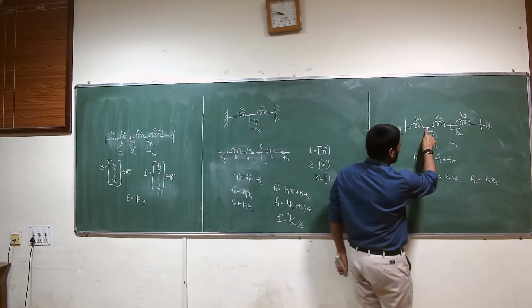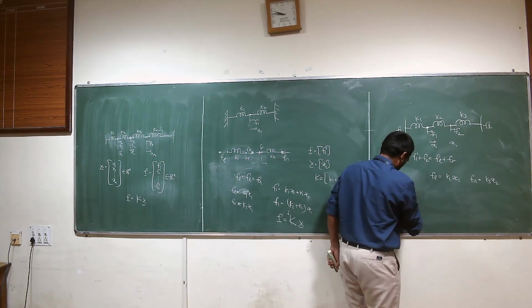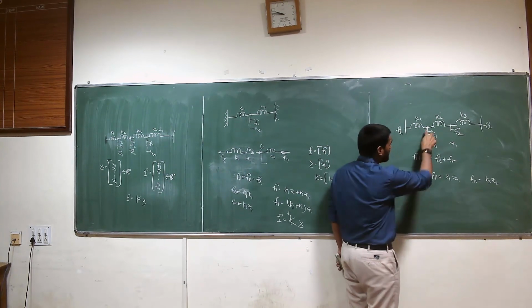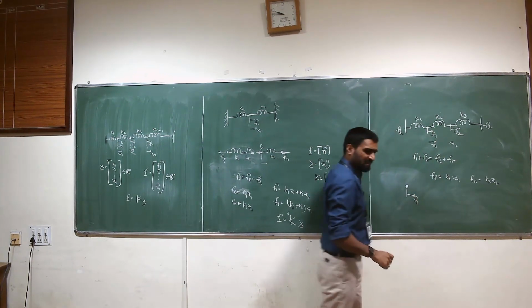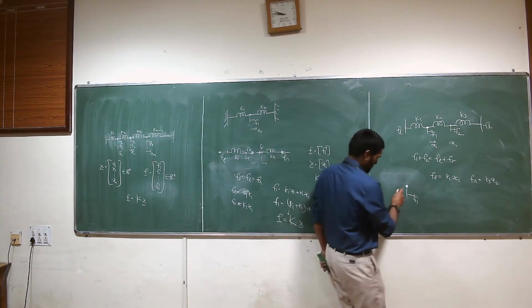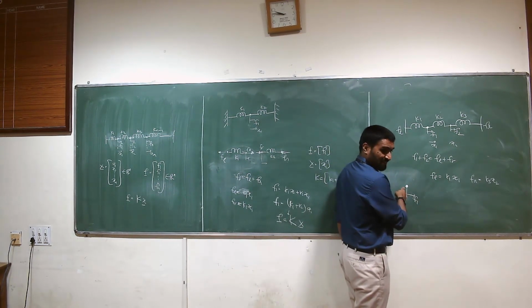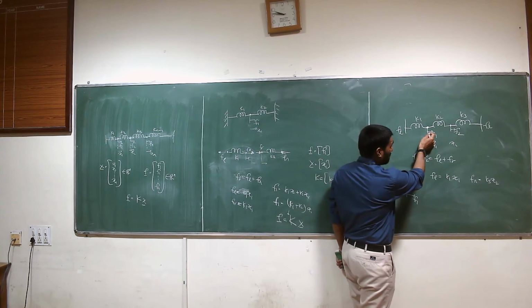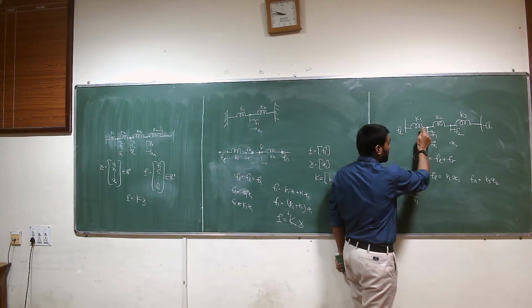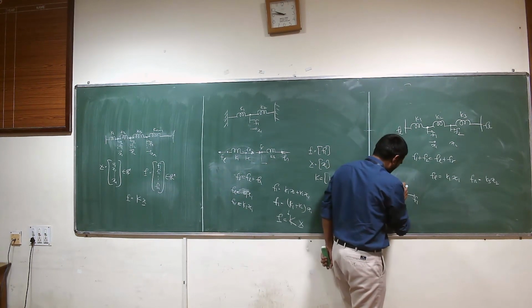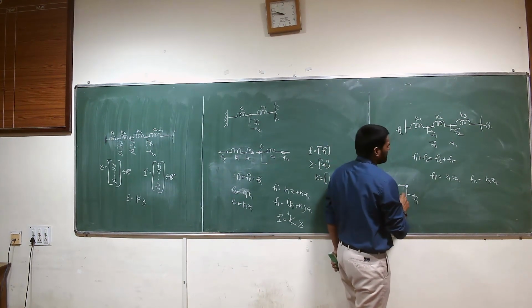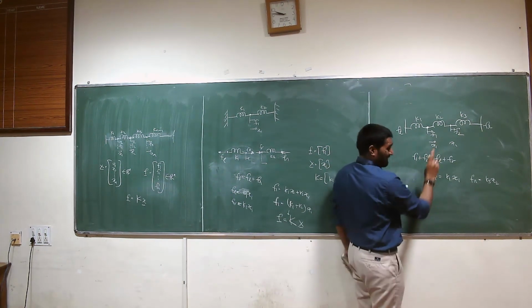So now, if you consider this point, what are the forces acting at this point? There is a force F1 that we've applied. What else is acting here? You are applying a force in this direction, which means spring 1 is pulling you in this direction. There is FL. Now, here is the tricky bit.